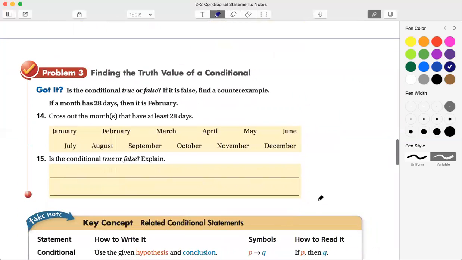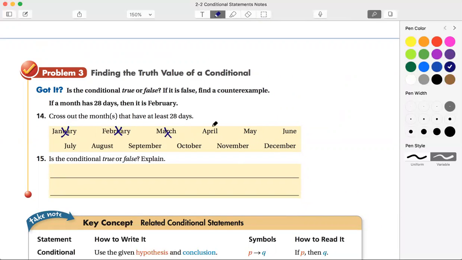All right, let's see if we can find the truth of a conditional statement. So is a conditional true or false? If it is false, then we need to find a counterexample. So if a month has 28 days, then it is February. So cross out the months that have at least 28 days. So January has 31. February has 28 or 29.